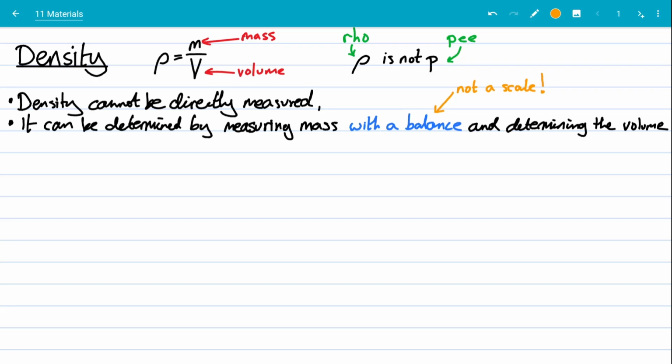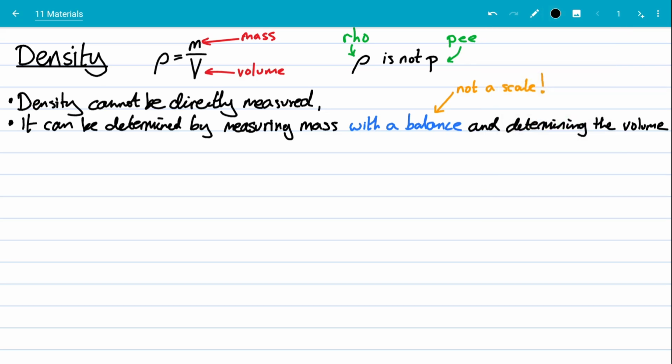It's a completely different quantity. A lot of people are fine with it. I'm not. I would rather say measure its mass with a balance than weigh it with a balance. If we can avoid ambiguity in our communication, we absolutely should.